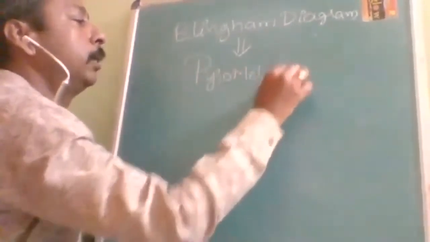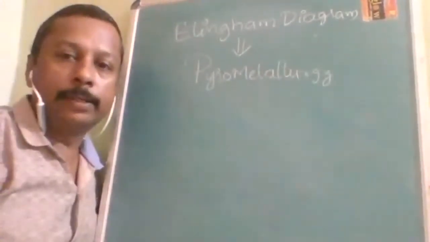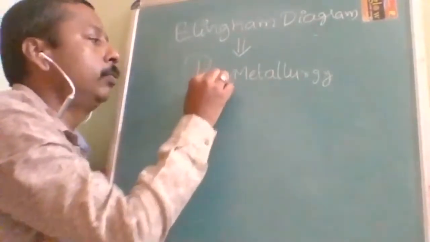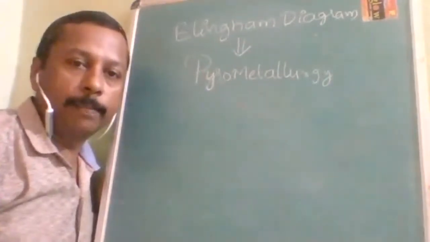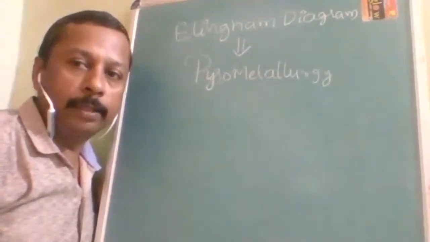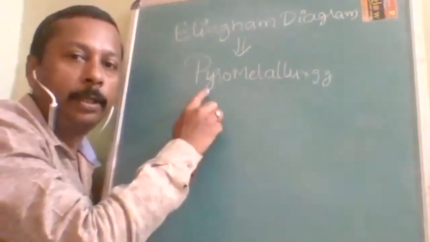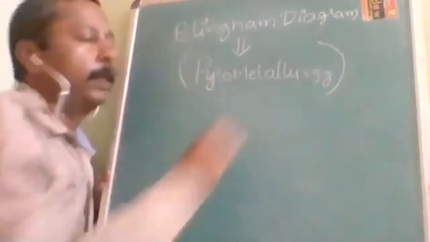Pyrometallurgy. It is a part of metallurgy. What is pyrometallurgy? Pyrometallurgy is a process in which heat is used for extracting a metal. Pyro means heat. So the Ellingham diagram is used in pyrometallurgy.